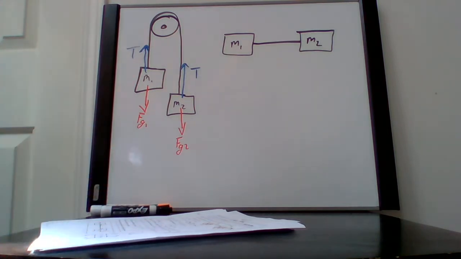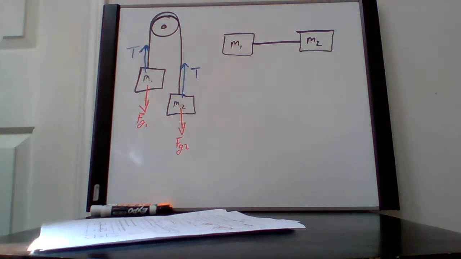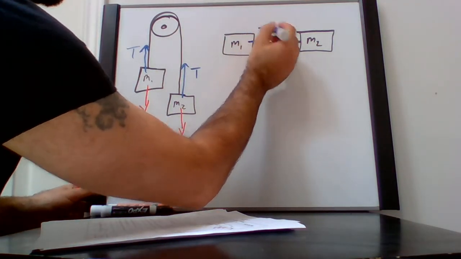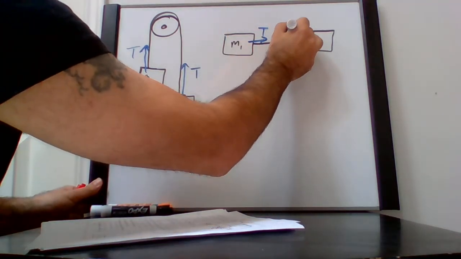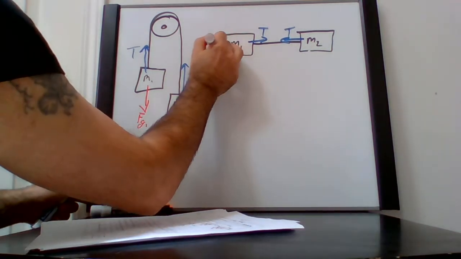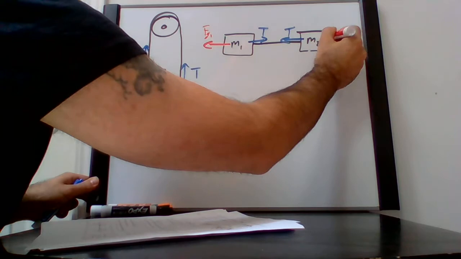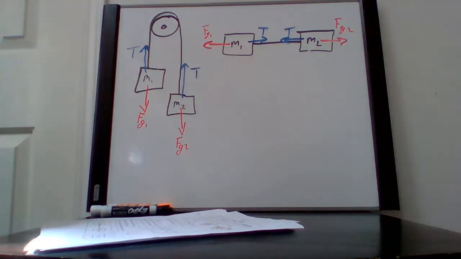And if we notice where the rope is here, that means from M1 I have my tension going in this direction, and from M2 I have tension going in this direction, which means we would have had our Fg1 pulling in that direction and our Fg2 pulling in that direction.